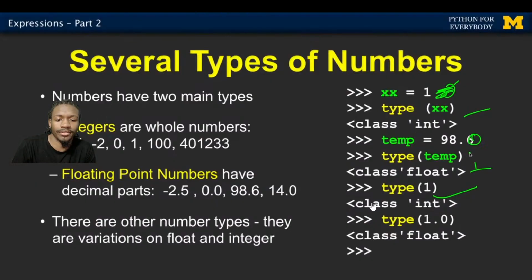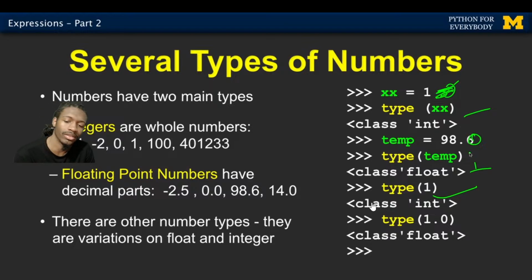Numbers have two main types: integers, whole numbers; and floating points, which are basically decimals, which could also be negative, and so can integers. There are more number types. They are variations on float and integer, okay?